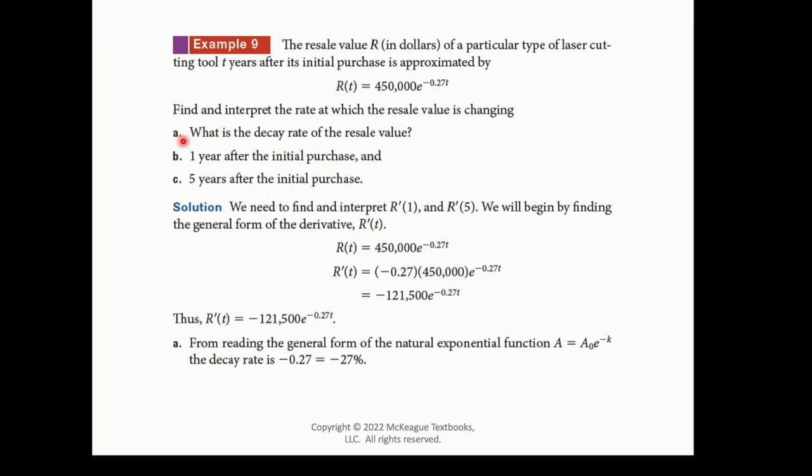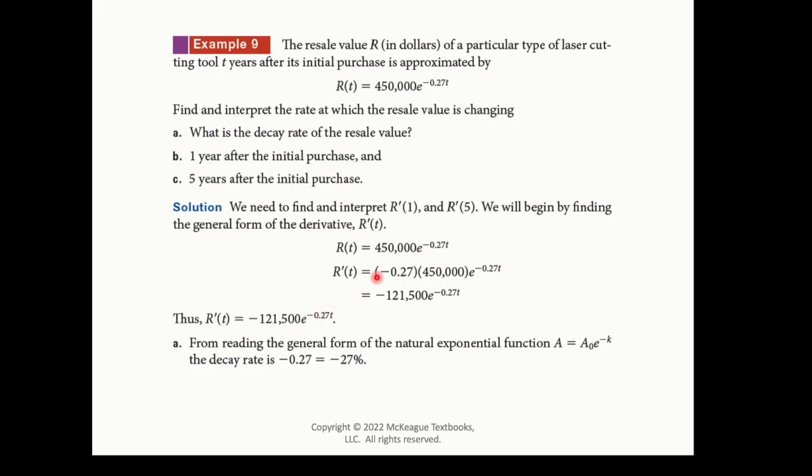So for part A, we need to find the decay rate. Part B, we need to find how it's changing after 1 year. And part C, it's asking how it's changing after 5 years. Because we need to find how it's changing in parts B and C, let's first start off by finding the derivative.